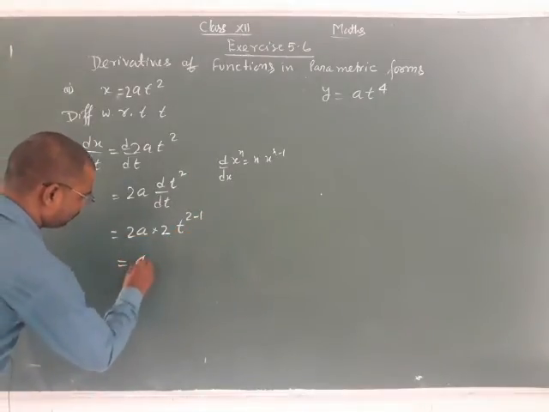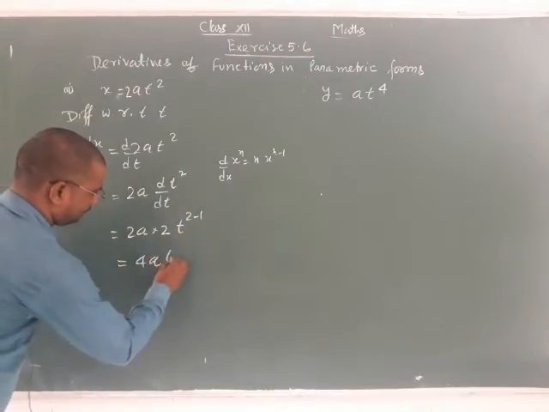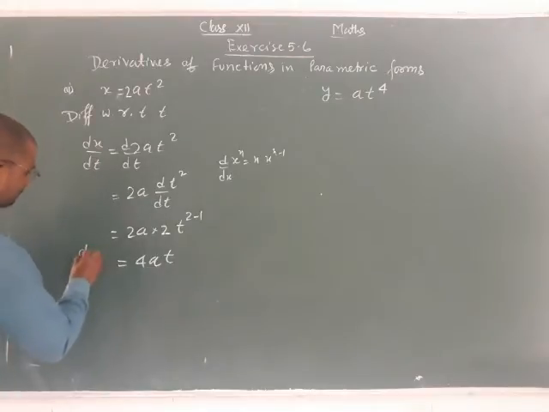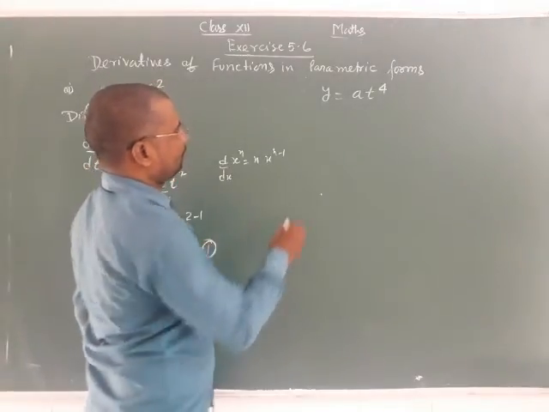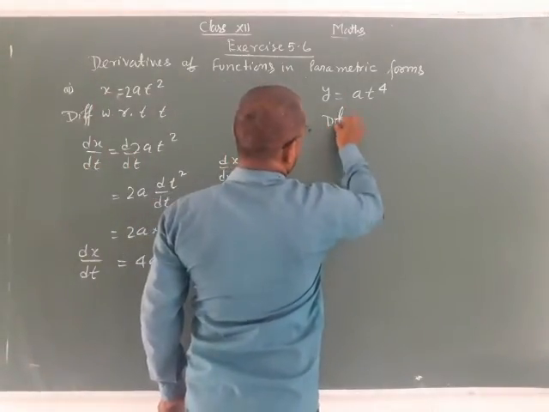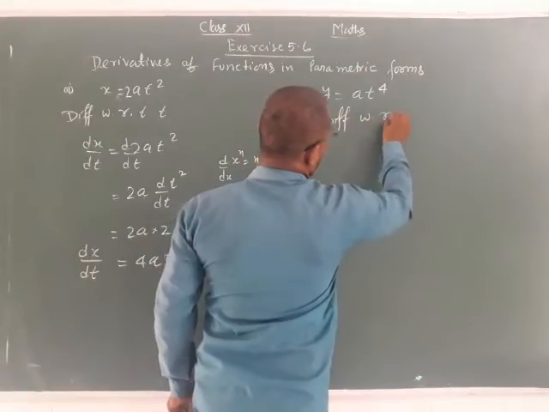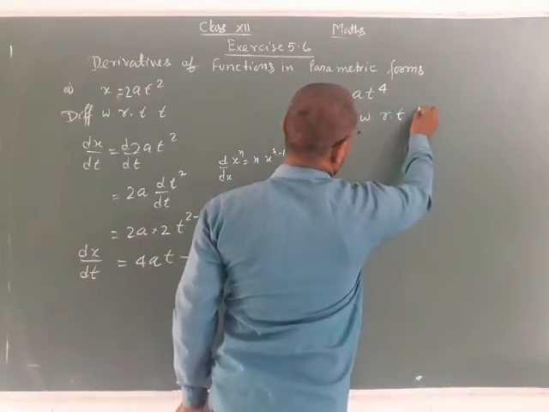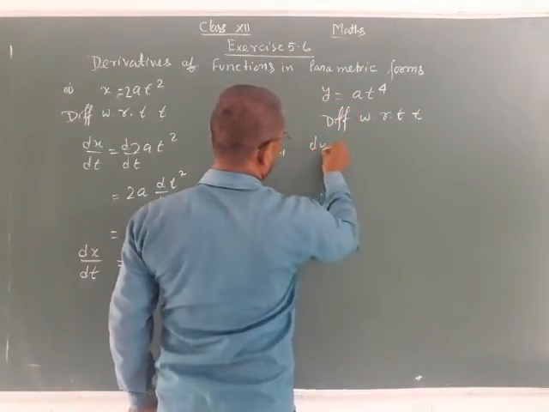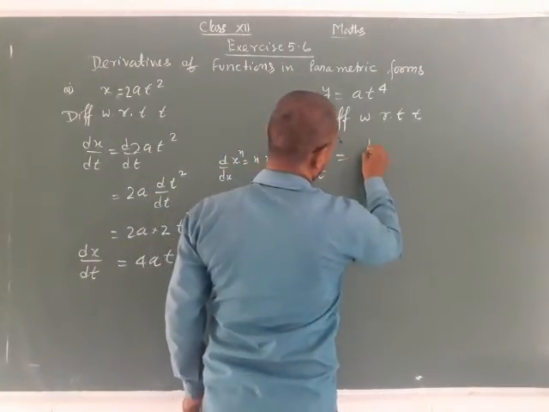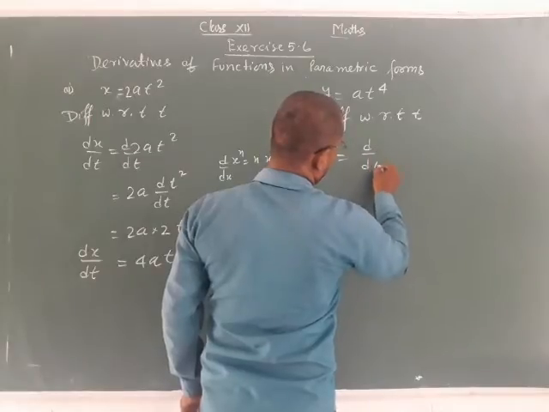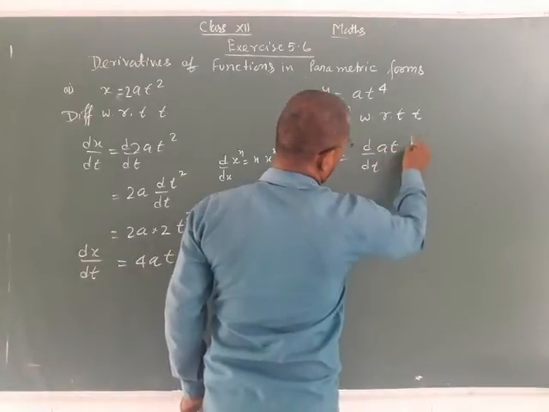So 4a t is dx upon dt. Now the first equation, and also differentiate with respect to t. dy upon dt is equal to d upon dt of at to the power 4.